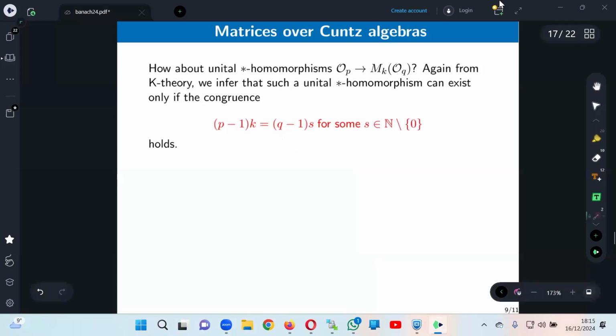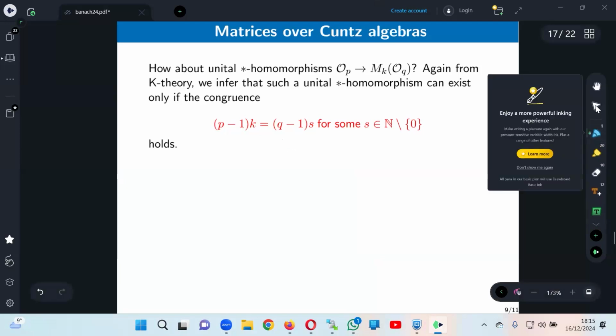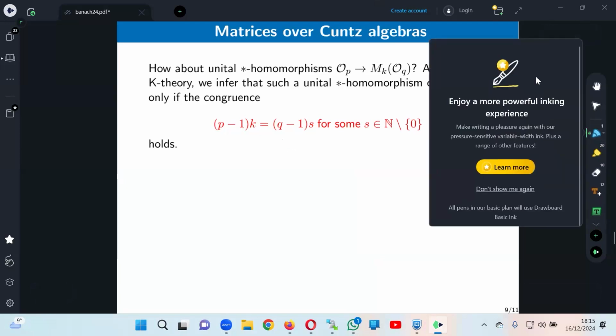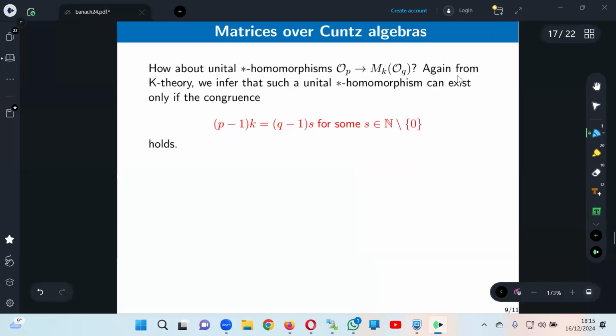In the previous slide, you did the same for O_P and O_Q without the matrix algebra. I wonder if K-theory alone can do that, because K-theory is stable and it cannot distinguish a matrix algebra from the algebra itself. So I wonder how K-theory can distinguish the matrix case and the non-matrix case.